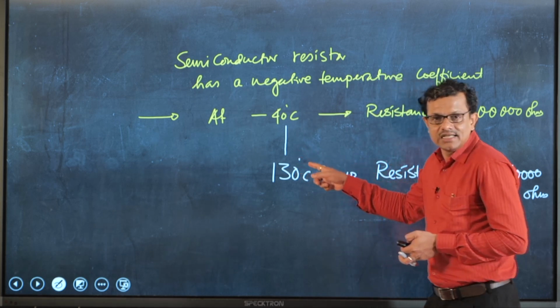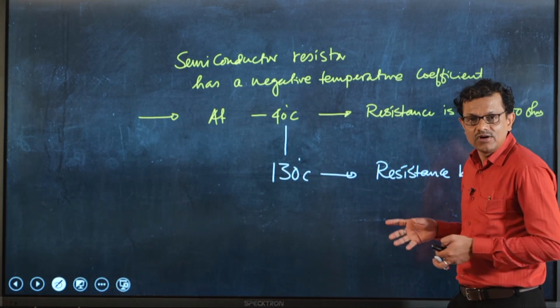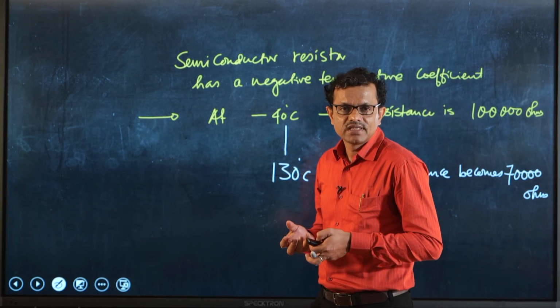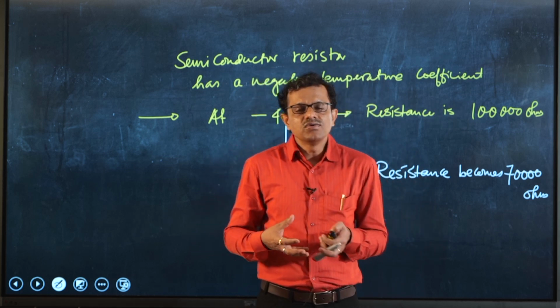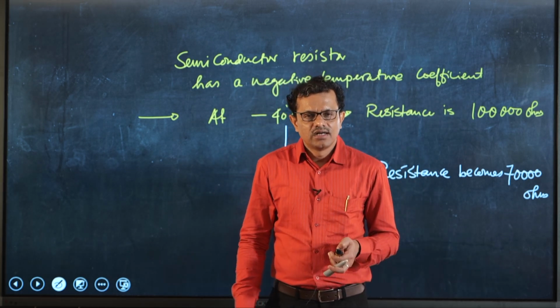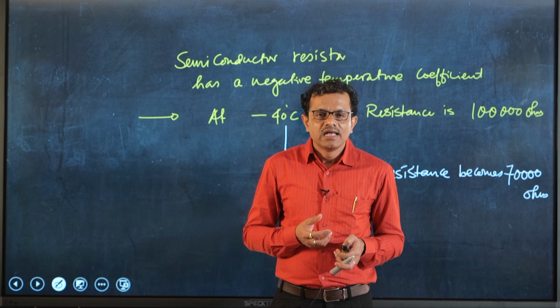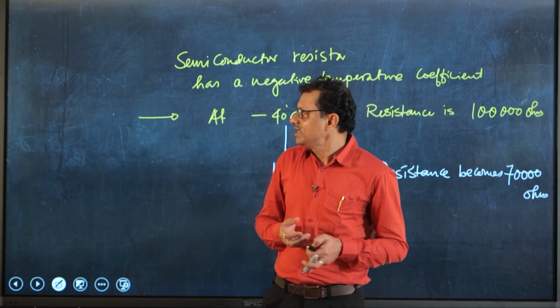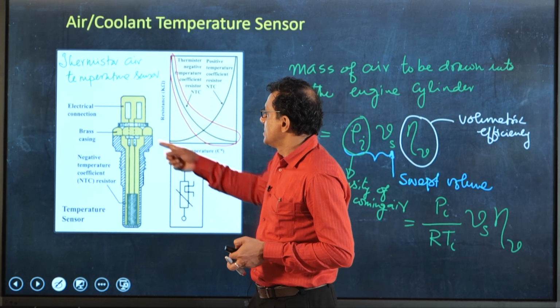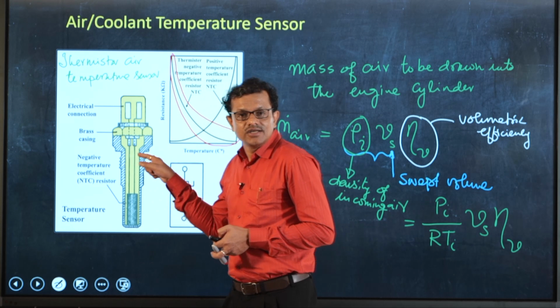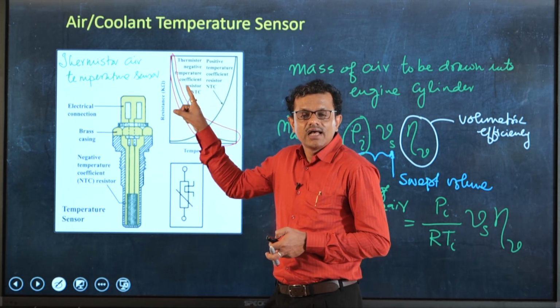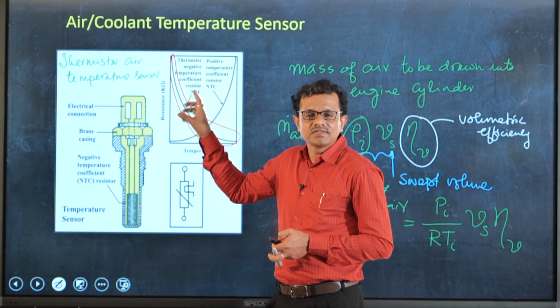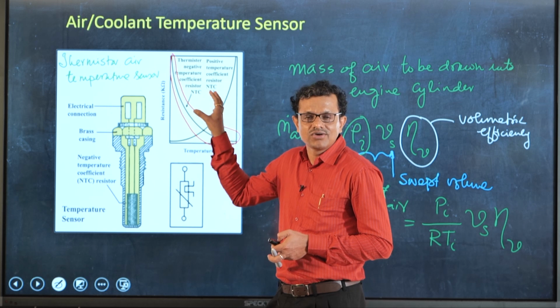Now, if temperature increases, then resistance will drop. If resistance drops, then there will be some voltage alteration. That information will be given by the sensor to the microcontroller, and that microcontroller will give some feedback to the electronic control unit.